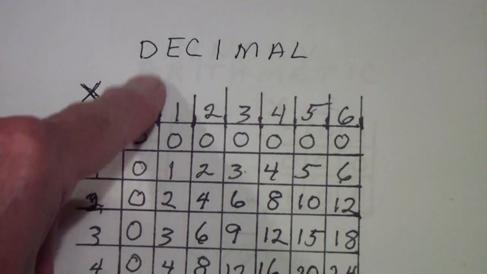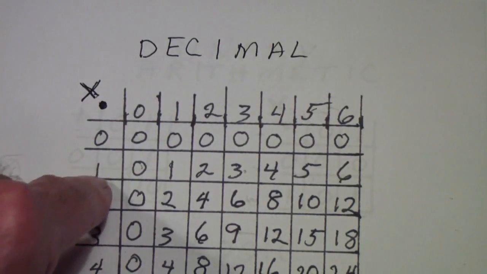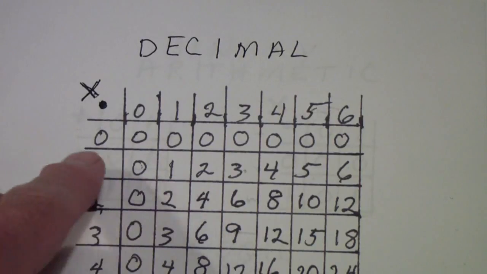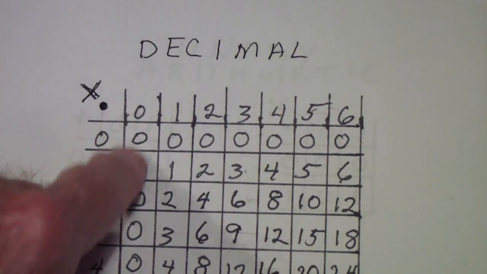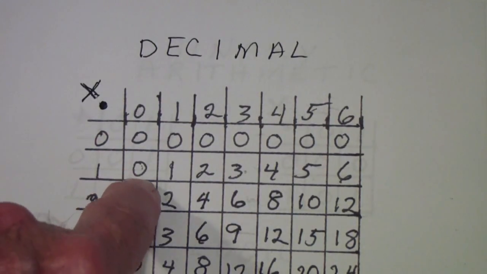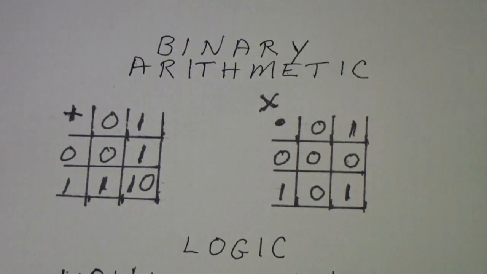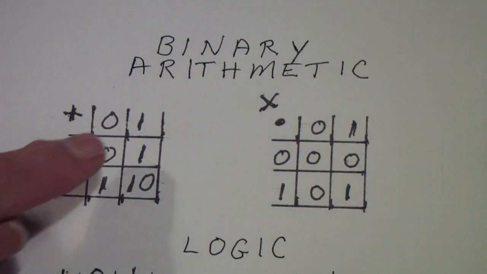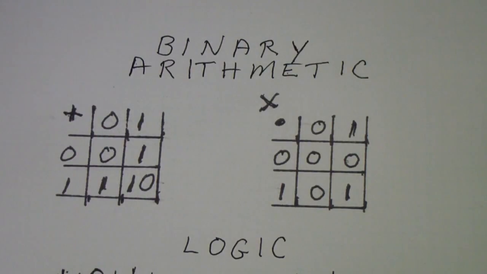It's exactly the same as decimal. In other words, 1 times 1 in binary is 1. 0 times anything is 0 in binary, just as it is in decimal. The difference is you don't have the numbers 2, 3, 4, all the way up to 9. So in binary, when you're doing arithmetic, this is the table you use.